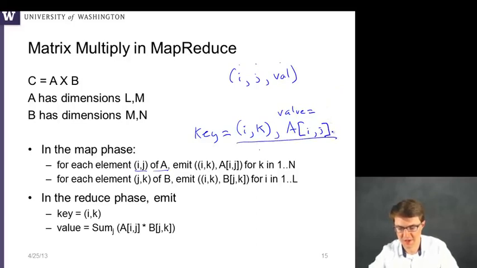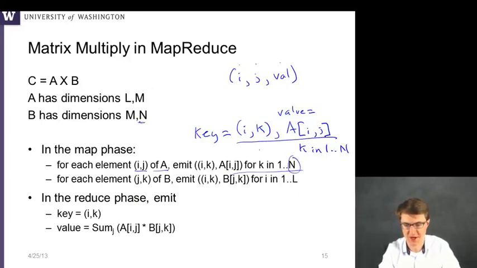Now, we're going to emit one key value pair of this form for every k in 1 to n, which is what I've written down here. Now, what is n? Well, n is the number of columns in B, in the right-hand matrix. Right? So A is an L by M matrix, and B is an M by N matrix.